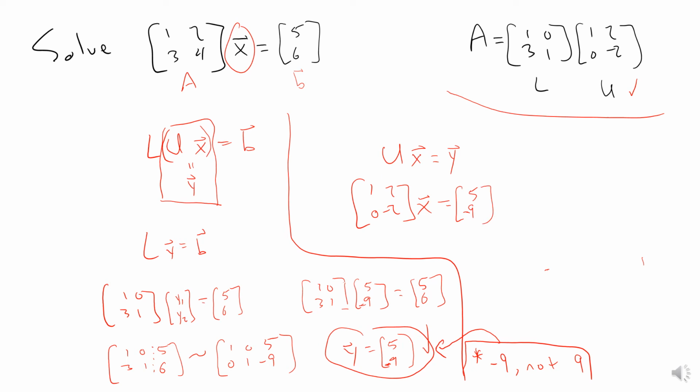Now again, this equation is fairly easy to solve because U is an upper triangular matrix. Whenever I'm dealing with a triangular matrix, the solution process is a little bit more straightforward than if it were a full matrix with entries in the upper and lower halves.